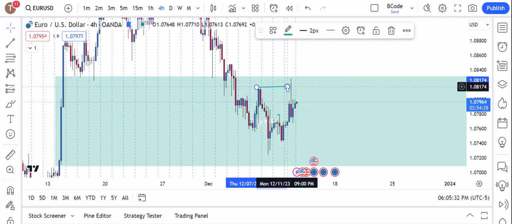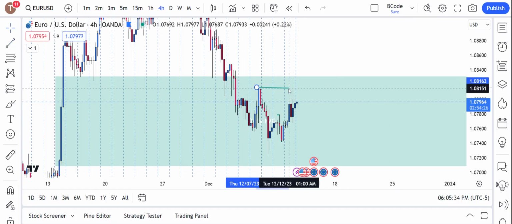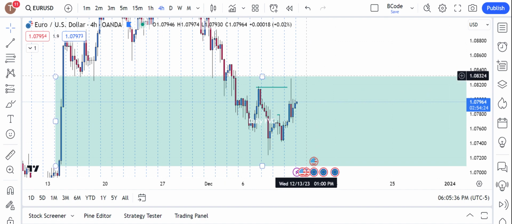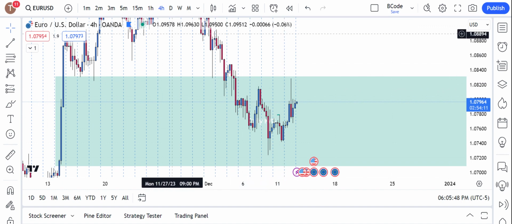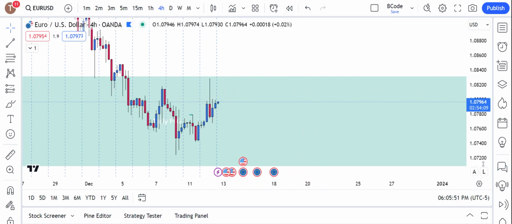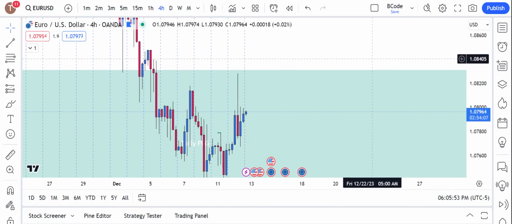So once price mitigates or takes out the previous high, which was here, with this news wick, this news candle, price came in and took out that previous high. I'm comfortable with saying EU, I'm looking for buys for the rest of the week. All right. So United States dollar versus the Canadian dollar, UCAD, I'm looking for sales.